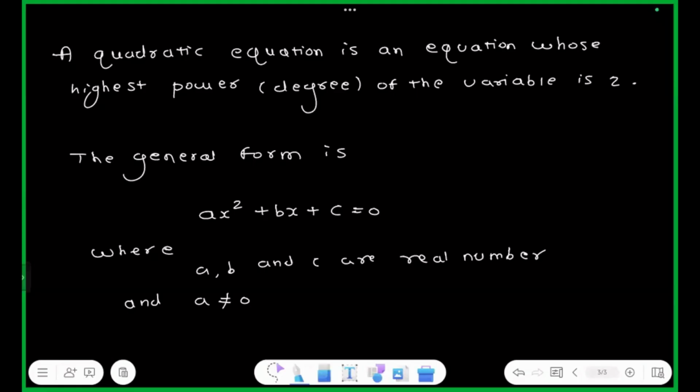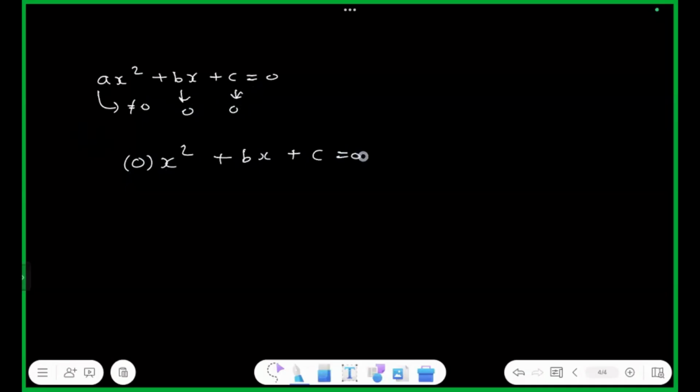Now, why must a not be equal to 0? Listen, what is my general form here? My general form is ax square plus bx plus c is equal to 0. I told you a should not be equal to 0, but b and c can be 0. Why? Let's just put a equal to 0 one time here. If I put a equal to 0, this whole thing will become 0 plus bx plus c is equal to 0.